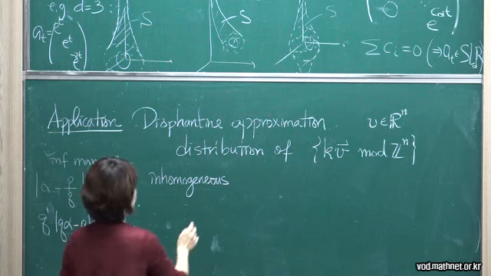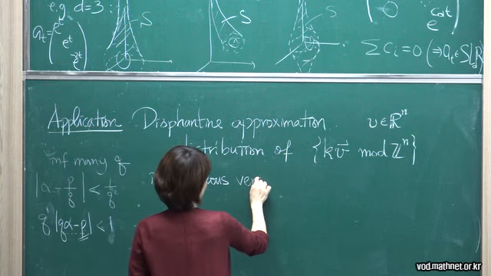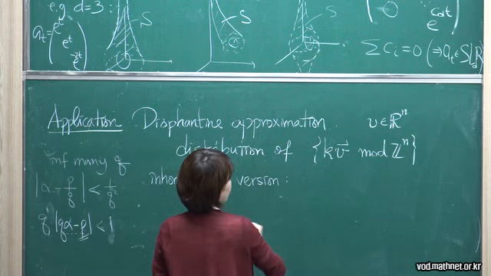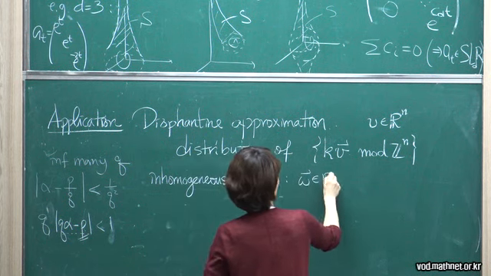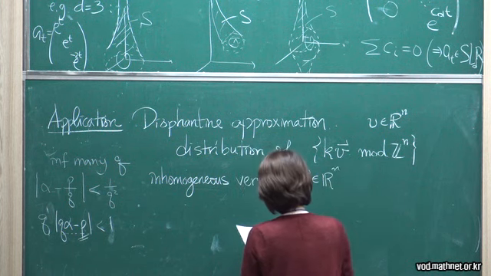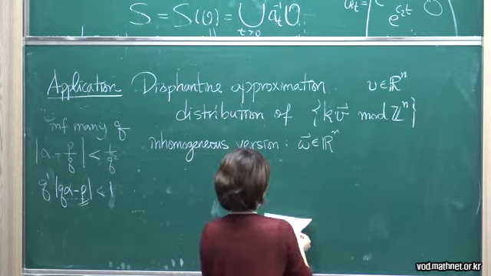So we're interested in this distribution, and actually, among the questions in Diophantine approximation, we're interested in the inhomogeneous version. So we are interested in kV minus W for W in Rn.